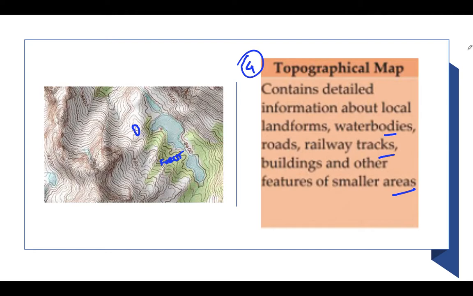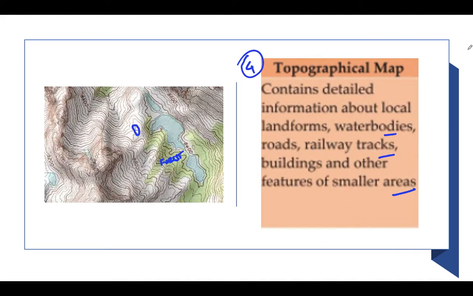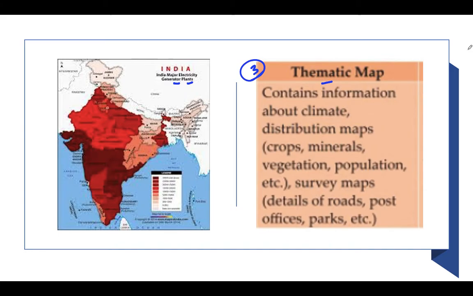If I show you the distribution of rainfall in India or in Europe, what kind of a map is it? Yes, it is a thematic map. And if I show you the population distribution in Mumbai, what kind of a map is it? Yes, it is a thematic map.